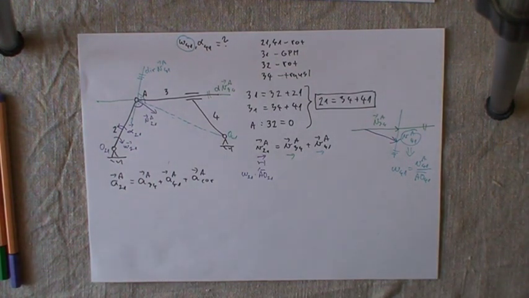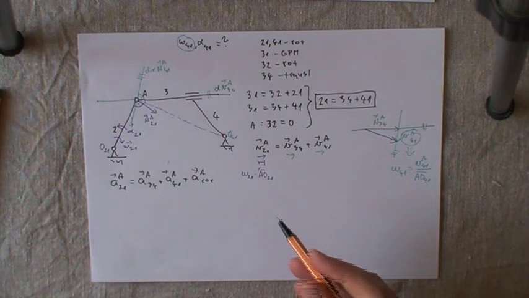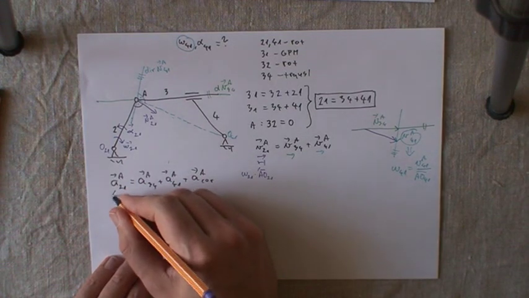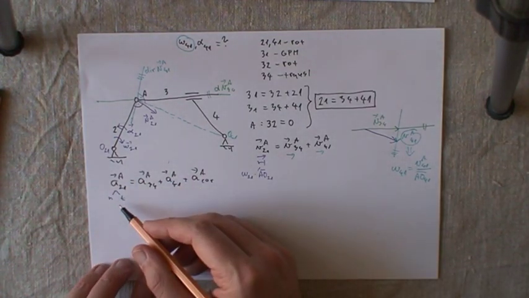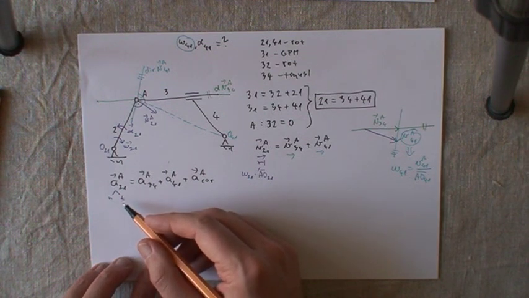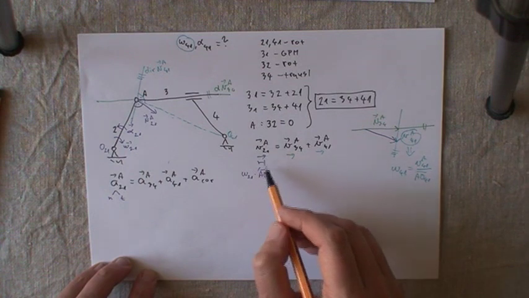Now, all we have to do is to solve this equation, and 2,1 is rotation, therefore it has two components, normal and tangent. For those components we know everything, right? Because we know omega, we know velocity.